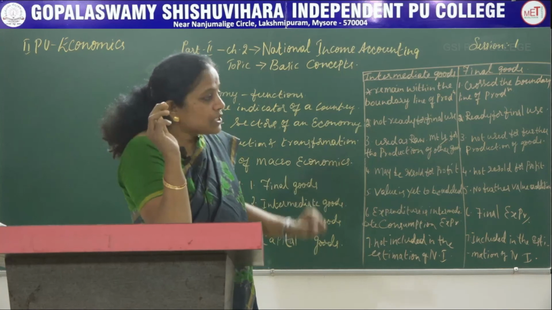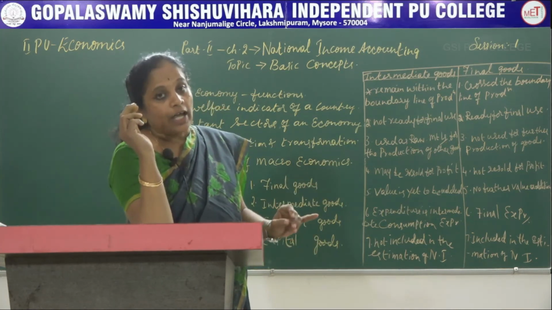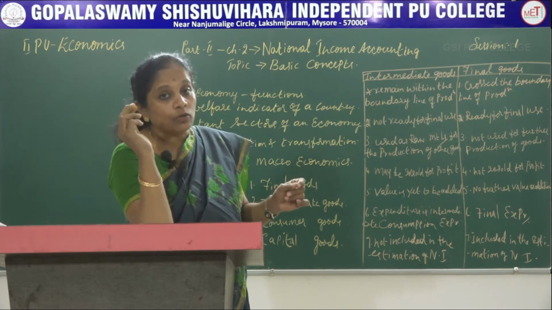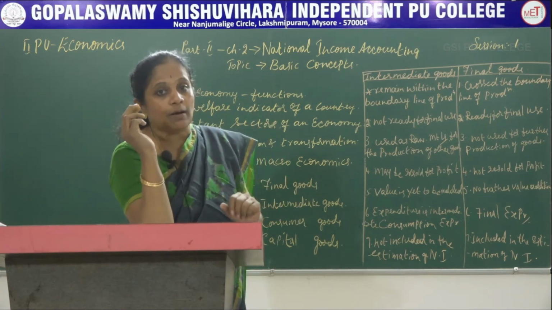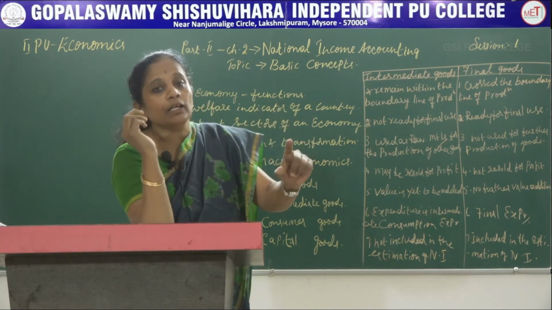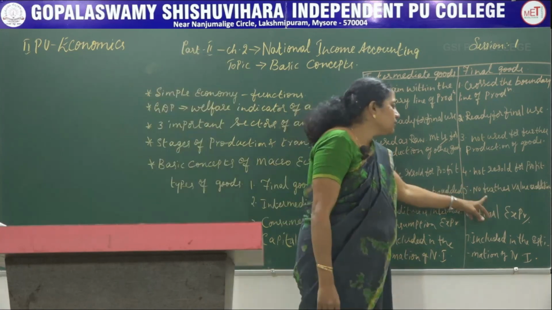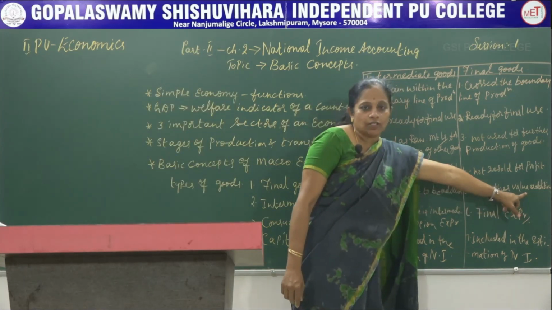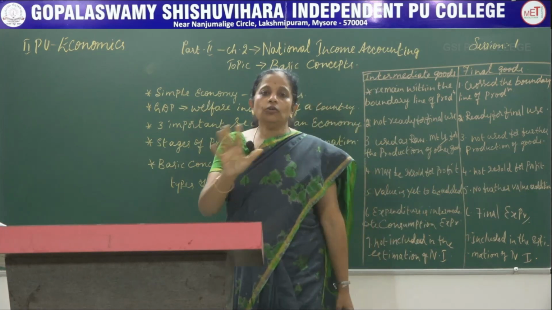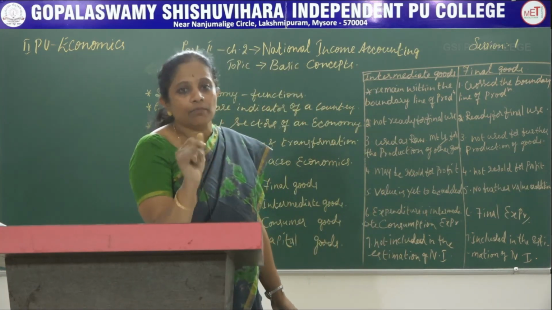Therefore, the value is yet to be added. For milk, you need to add tea powder, sugar, heat it, and supply it in a good cup. These are all the values that should be added to milk to convert it into a ready product, that is tea or coffee. For a final good, no further value is required to be added. For tea, you don't have to add any further value because it is already a completely value-added product.